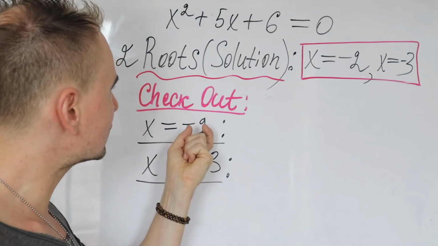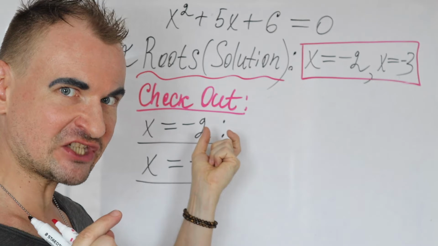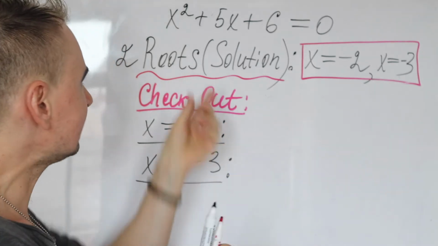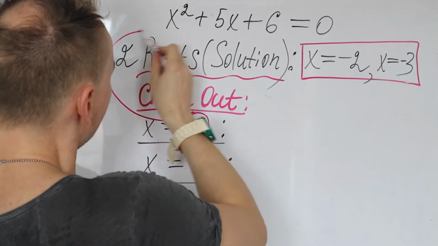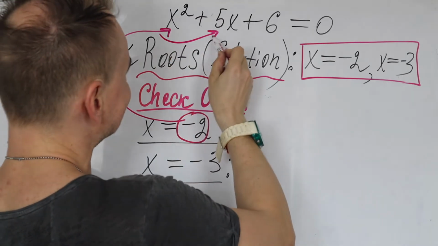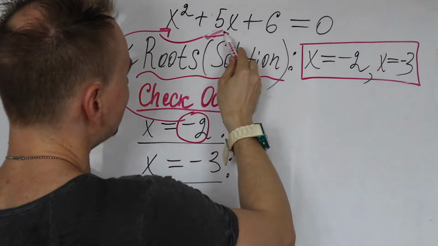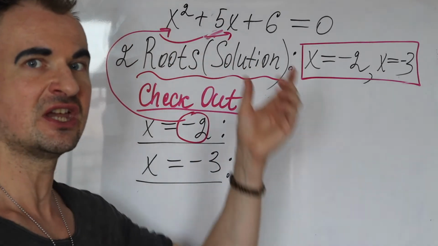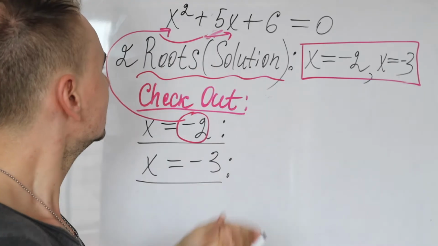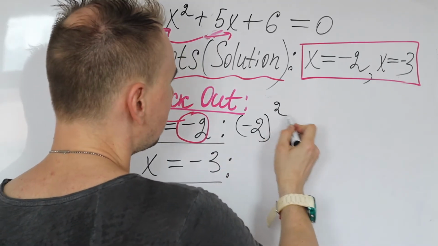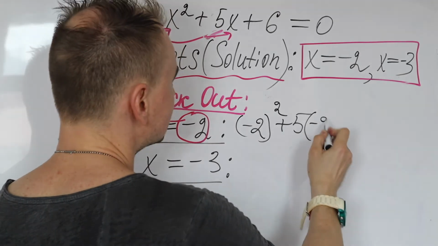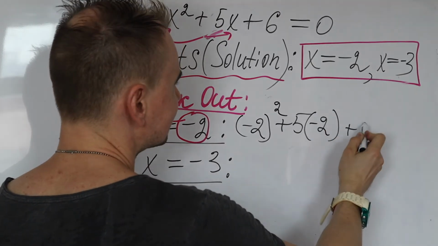I take this negative 2 and I substitute, I plug it into my original equation. So this negative 2 I'm going to place instead of x, everywhere x appears in my quadratic. So it becomes just negative 2 squared plus 5 times negative 2 plus 6.